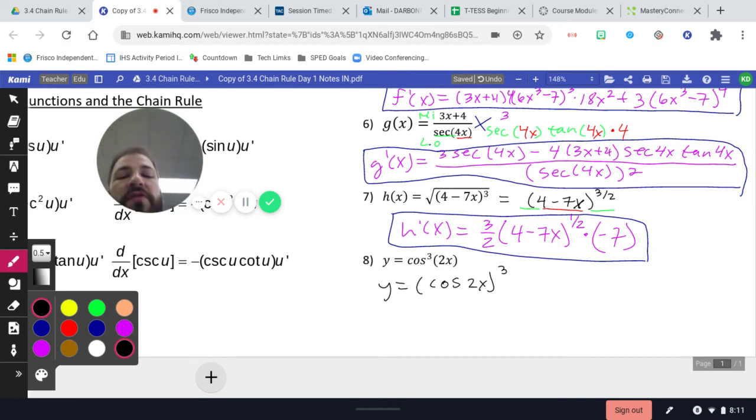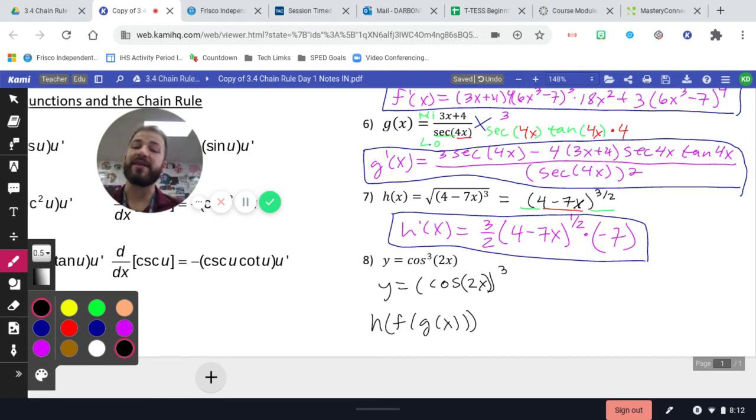What I'm hoping you've noticed is not only do we have cosine of 2x, which is a composite function, but we also have cosine of 2x cubed, which is another composite function. So we have that double nested composite function.